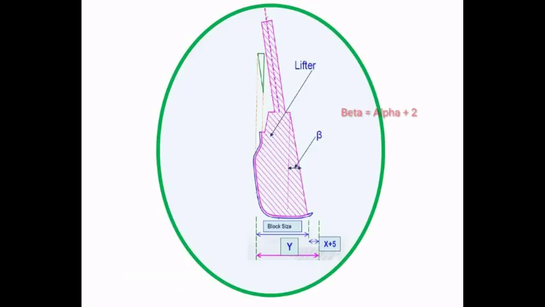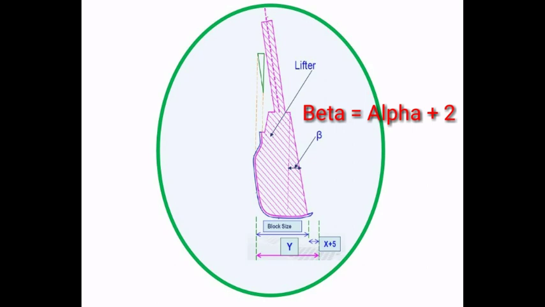We can also see another diagram for more information. Here we can see beta is equal to alpha plus 2. What is the 2? The 2 is to reduce the friction between the lifter and the main body.